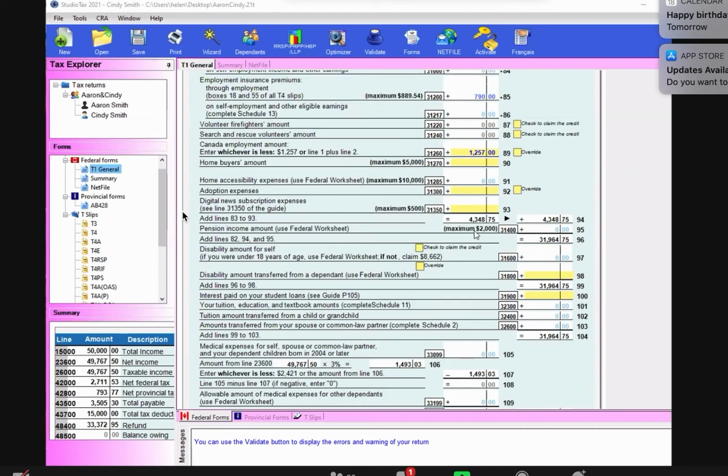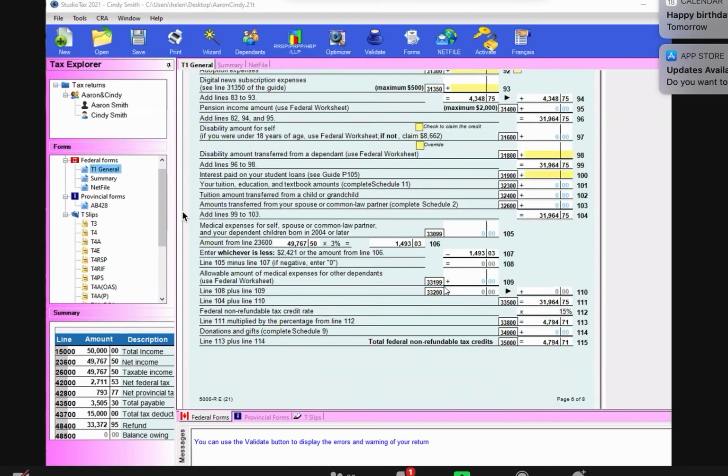Okay. Now I'm going to tell you there's the other dependent, medical expenses for other dependent.